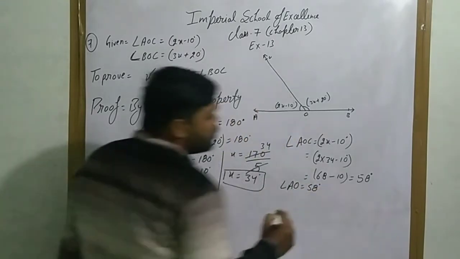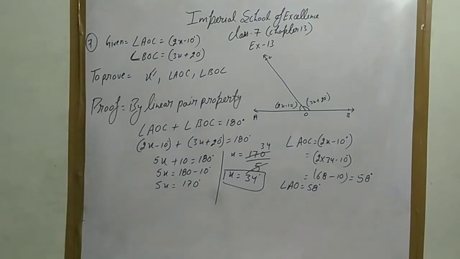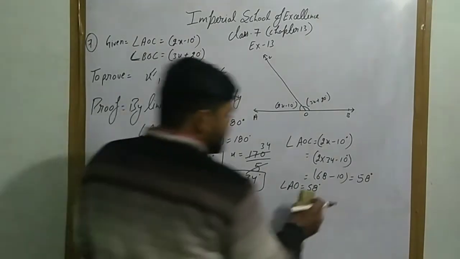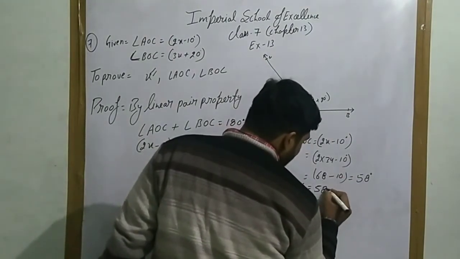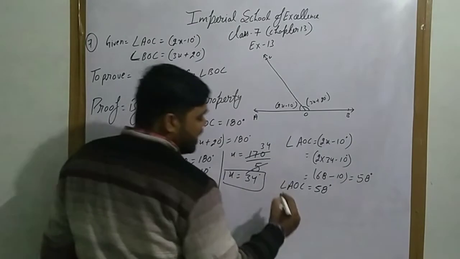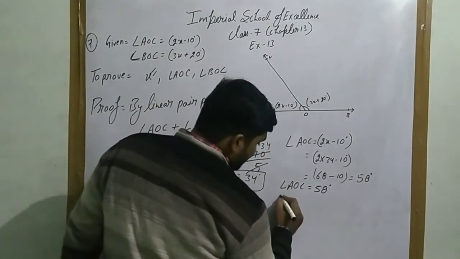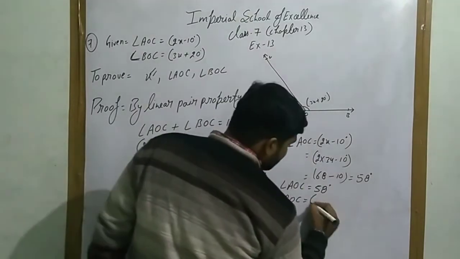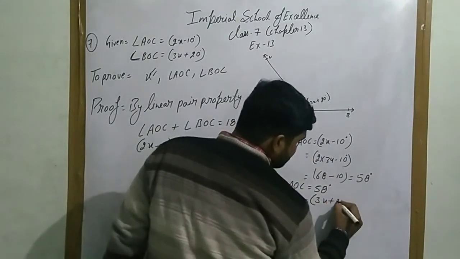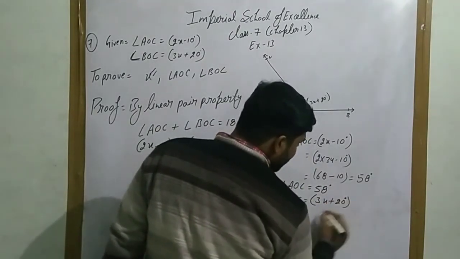The same you have to do with angle BOC. AOC equals 58 degree. Now you have to find angle BOC. Angle BOC equals 3x plus 20 degree.